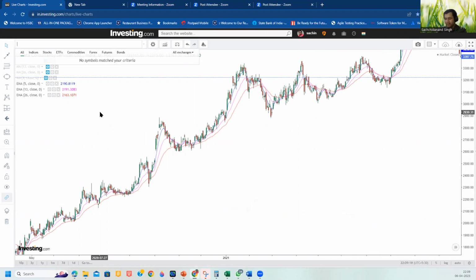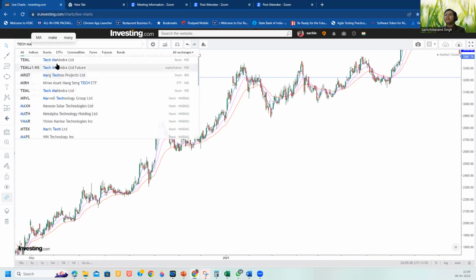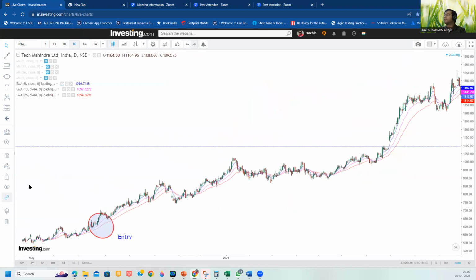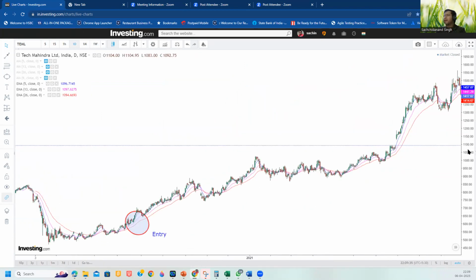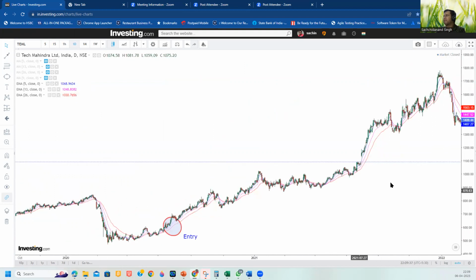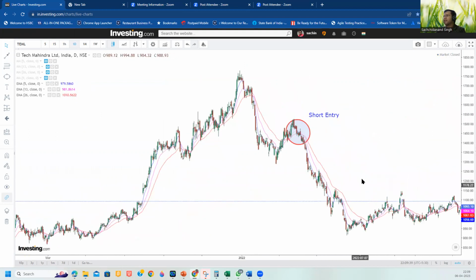Which one can I select? Any stock that you can suggest. Let's take Tech Mahindra. Guys, please select your favorite stock if you have any. Otherwise, I will select my favorite IT stocks.